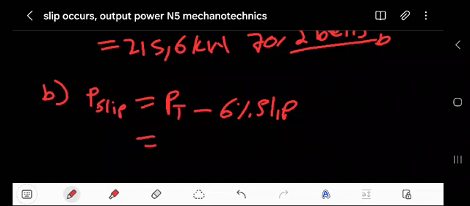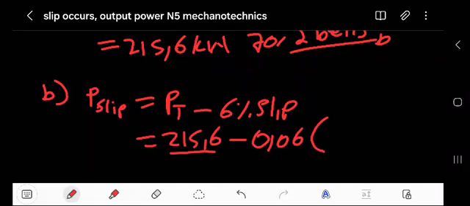So this, which was 215.6, remember it's in kilowatts, minus 6%, which is the same as divided by 100, the same as 0.06, but this number again will be 1, you do like this.